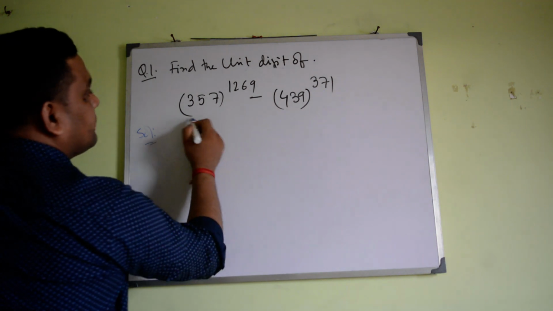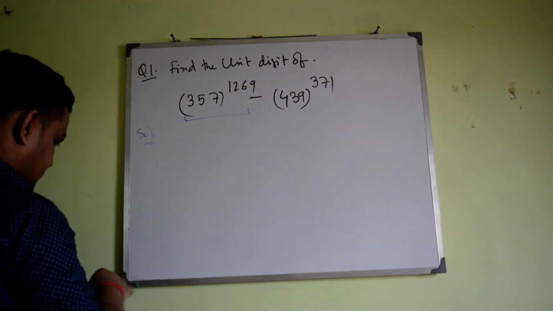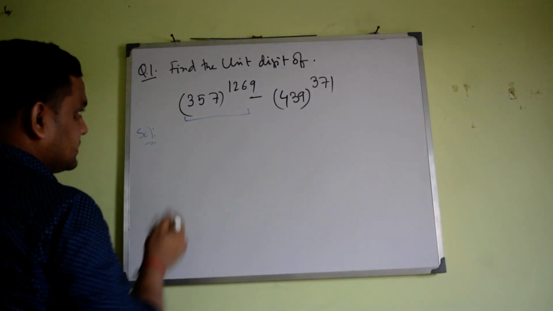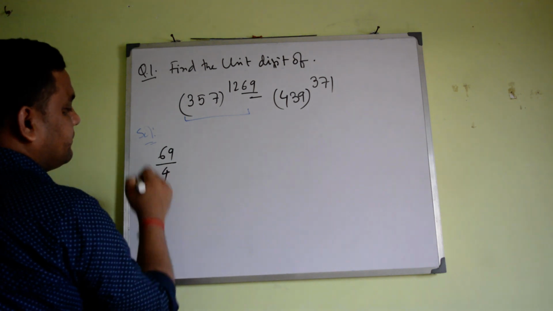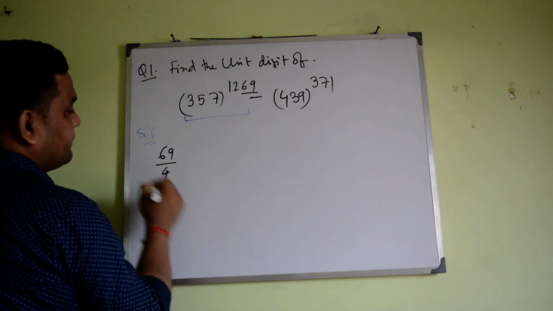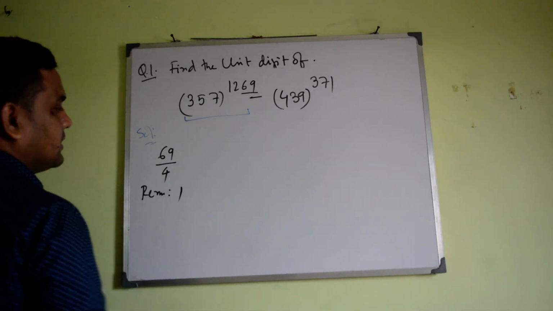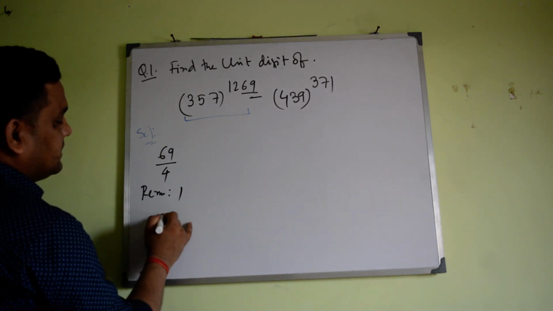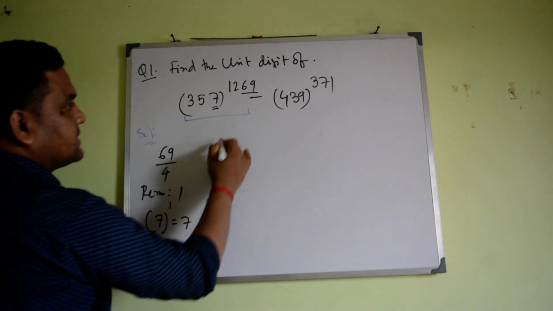How to do this? For that number, first the last two digits: 69 divided by 4. So what is your remainder? Remainder is 1. So what is your unit digit? The last digit of A is 7. So 7 to the power 1 is equal to 7.